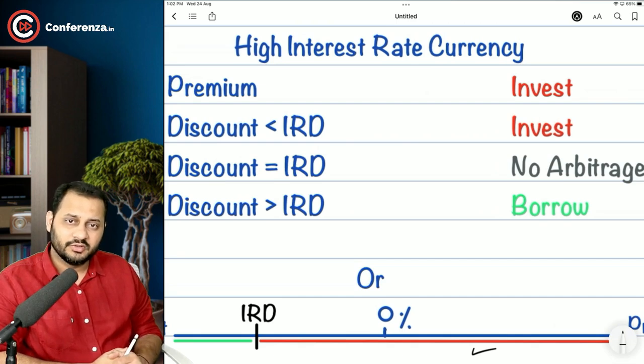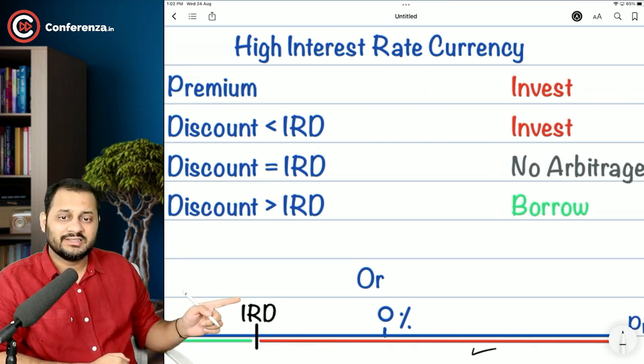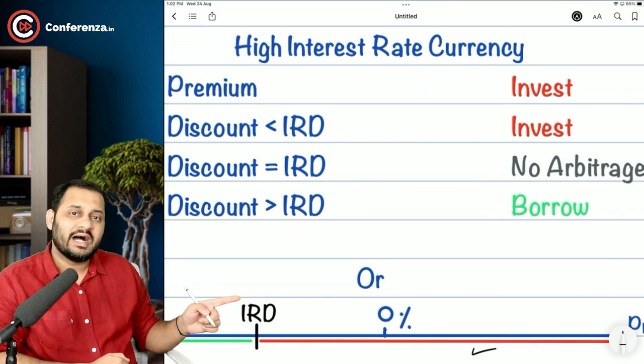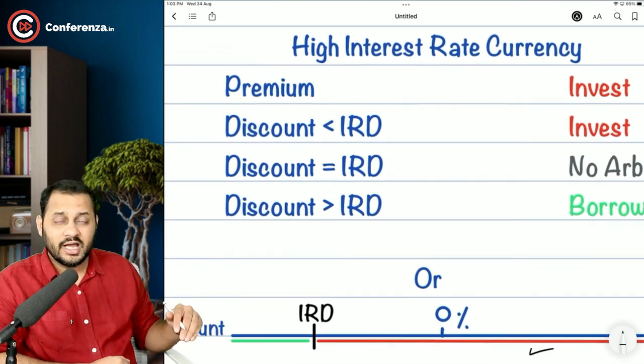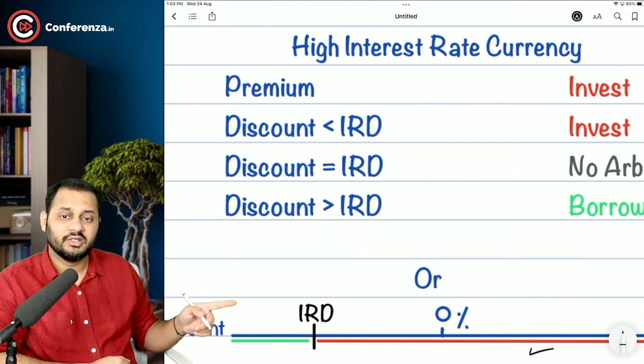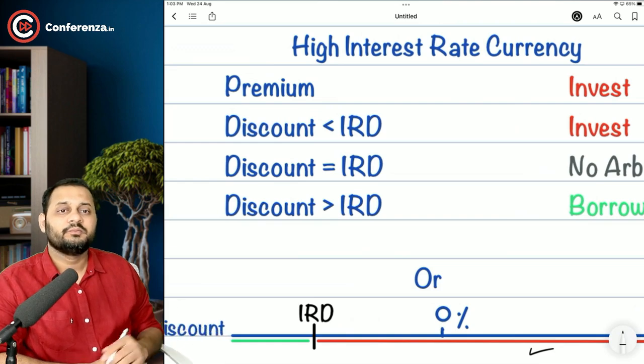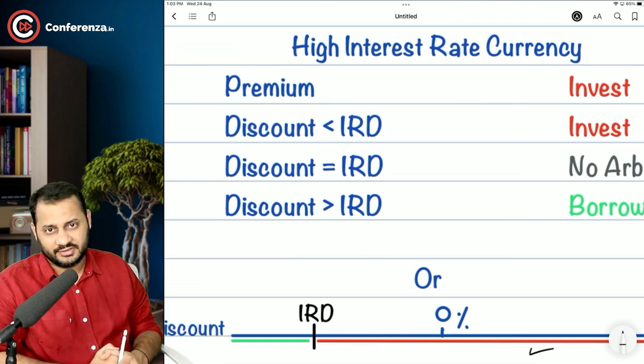Whatever the rational person is expected to do. Once the discount in high interest rate currency is equal to interest rate differential, no arbitrage is possible. And if the discount is more than the interest rate differential, then you have to do exactly opposite, which is borrowing at high interest rate currency.